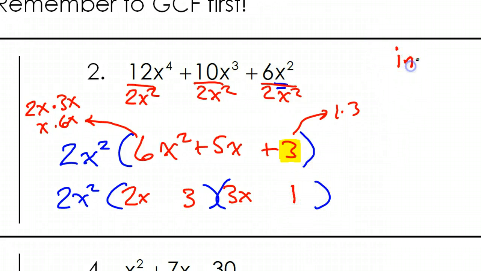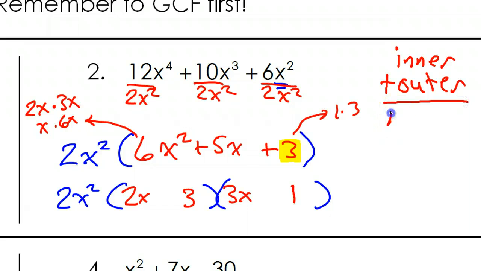Now the key is inner plus outer equals middle. All right, that's the keys to the kingdom. That's the whole ball game. So inner, I'm talking about multiplying these, so that's 9x. Outer, that's 2x.